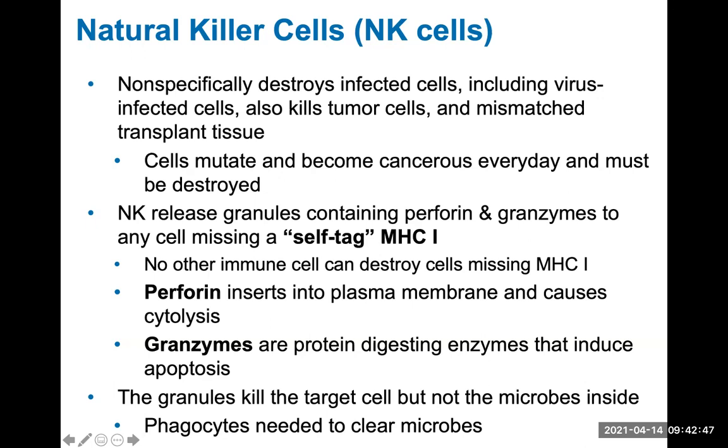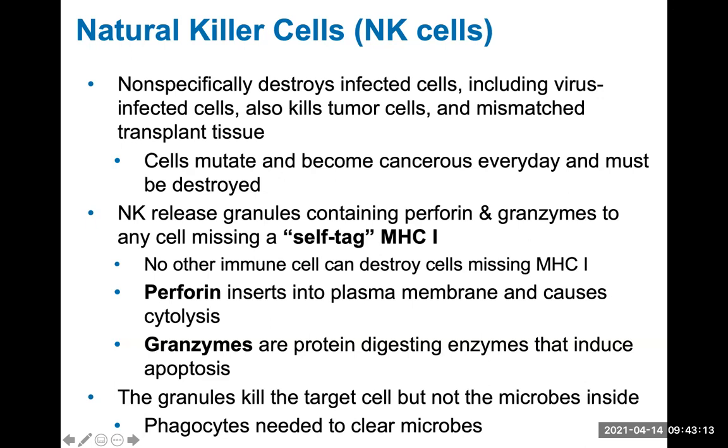So perforin actually inserts itself into the plasma membrane, and that's going to cause the influx of water and then cause it to lyse open. And just to be certain that the cell dies, we also have granzymes, which are protein digesting enzymes, and that digestion of the protein is going to trigger the cell to start a process called apoptosis.